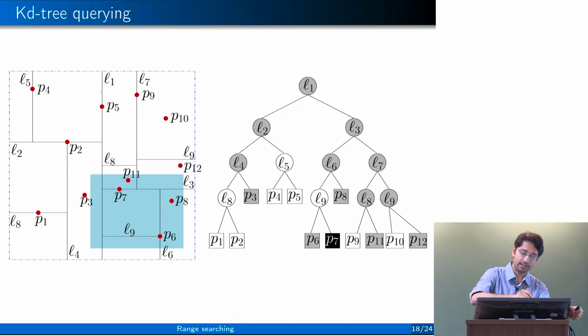I am saying that L1 is a line. Does the query rectangle, this is my query rectangle, the blue one, participate in both sides of L1? Then L1 becomes my split node. Right? I go to L2.